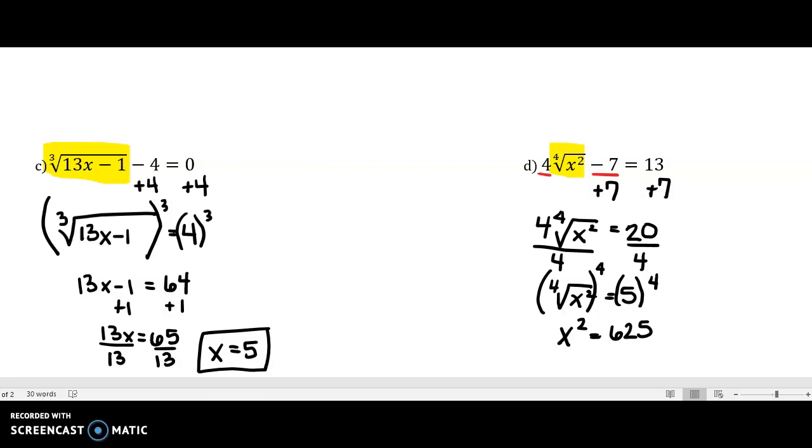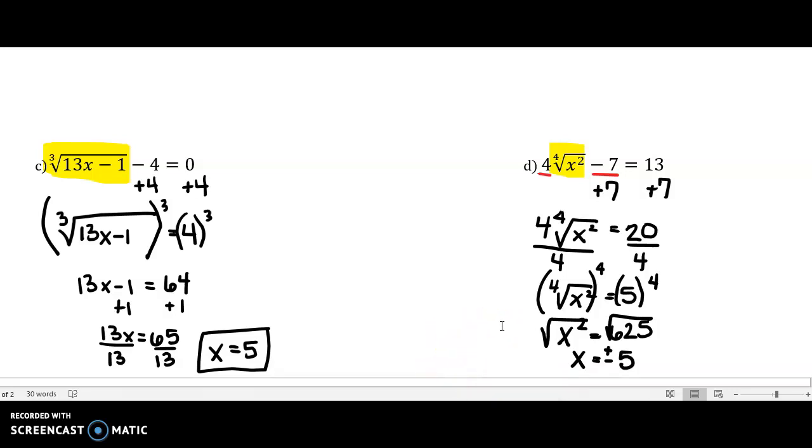I have x squared here. Don't want x squared, I just want x. Okay, so to do that, we have to take the square root of both sides. Square root of 625 is, if you put 5, you're only halfway right. Because remember, anytime you take the square root, you have to account for both the positive and the negative.